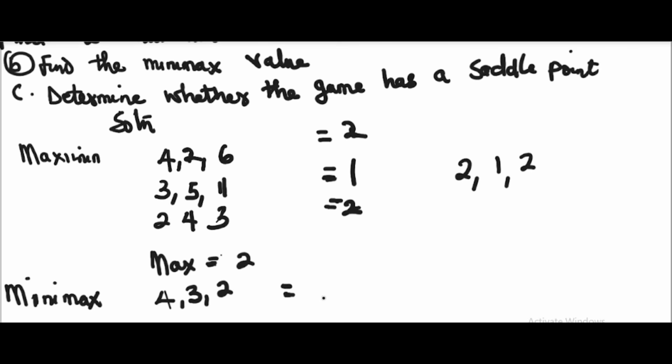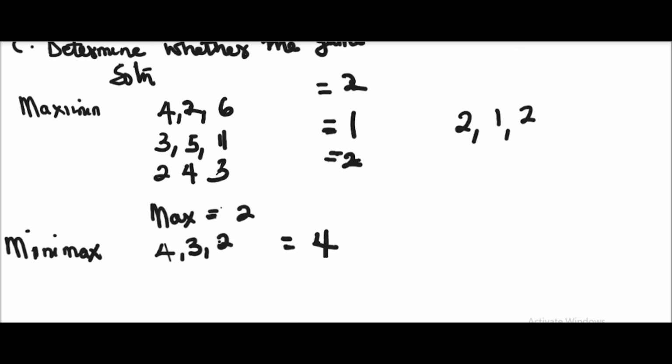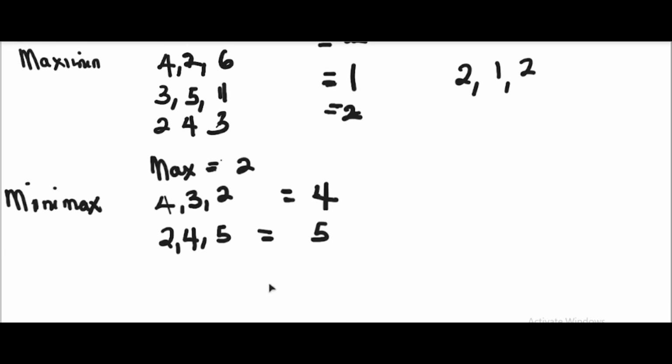In the next column, B2, we have 2, 4, 5. What is the maximum? The maximum is 5. In the third column, we have 6, 1, 3, with a maximum of 6.